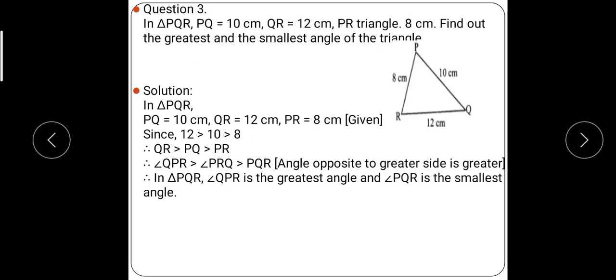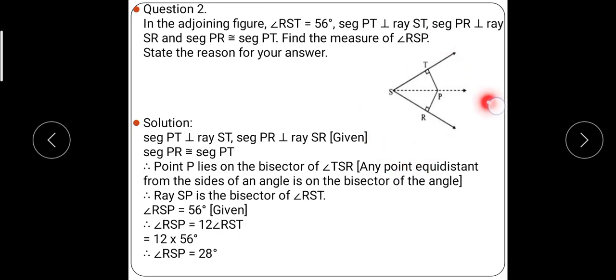Now, the second question: in the adjoining figure, angle RST is 56 degrees. PT is perpendicular to ST and PR is perpendicular to SR. So segments PR and PT are congruent.